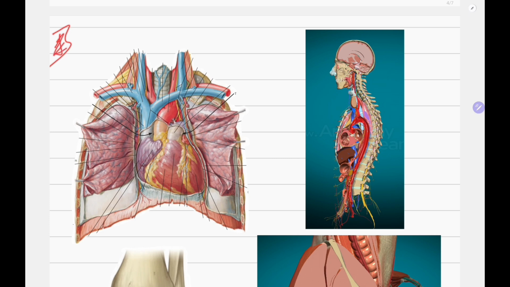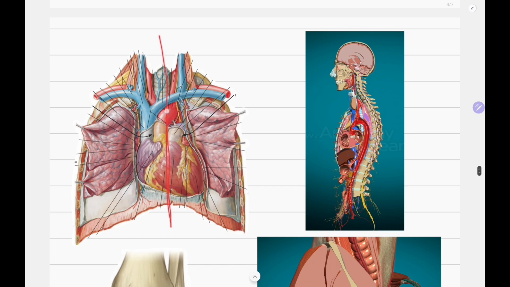diagram, the first one is that you are able to view the heart, the full heart, both the lungs, and the ribs, and you can see that the body is not divided into right and left. The body is not divided into superior and inferior. This is superior and this is inferior.